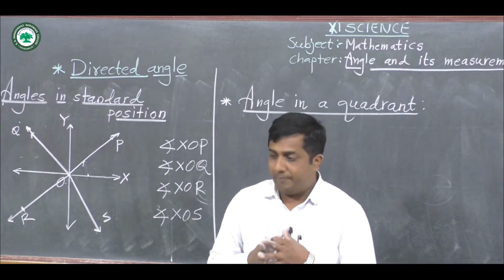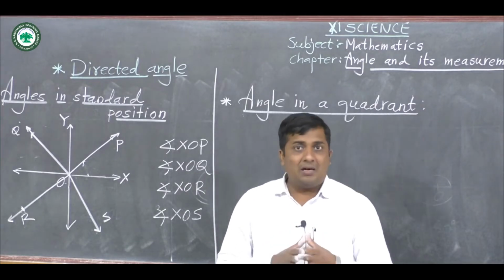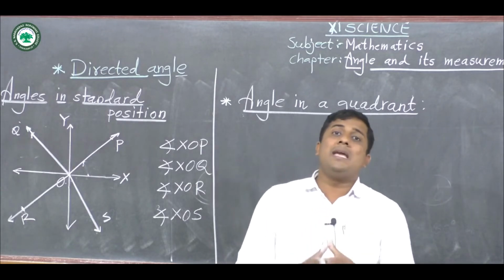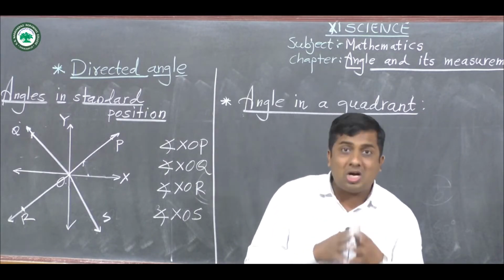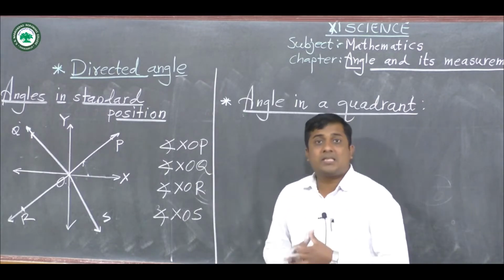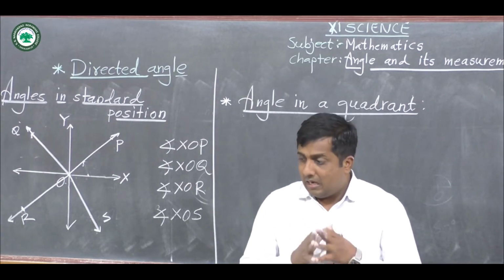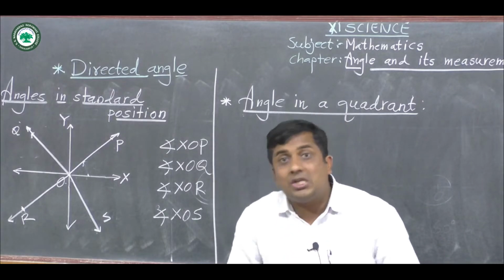I repeat again, a directed angle in standard position is said to be in a particular quadrant if its terminal ray lies in that quadrant.